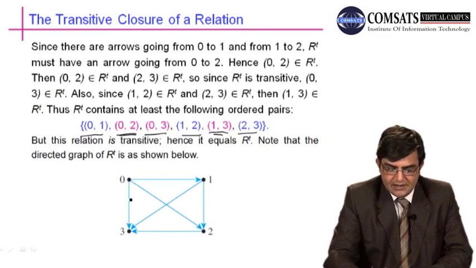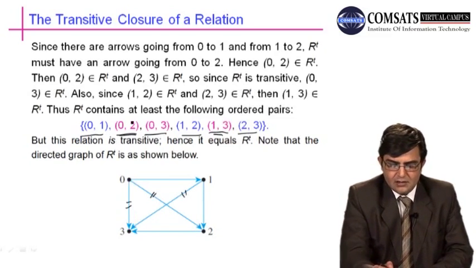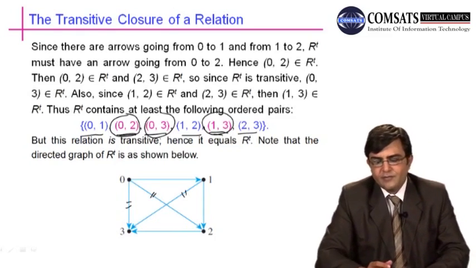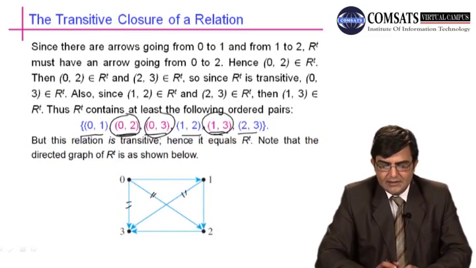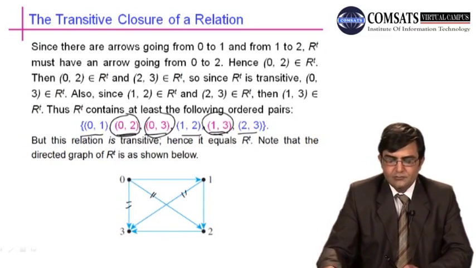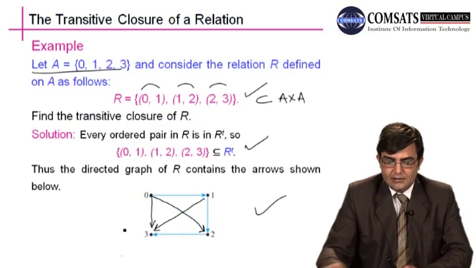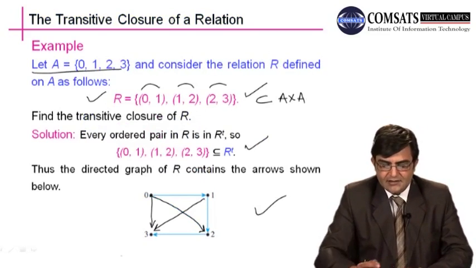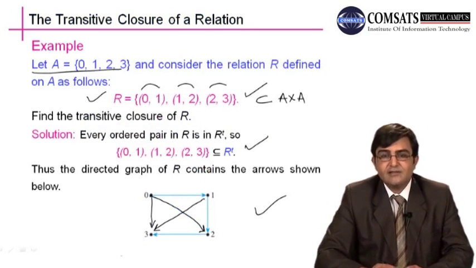If we add these three arrows, which are in red, 0 to 2, 0 to 3, and 1 to 3, to the given relation which was not transitive, then this relation becomes a transitive relation.